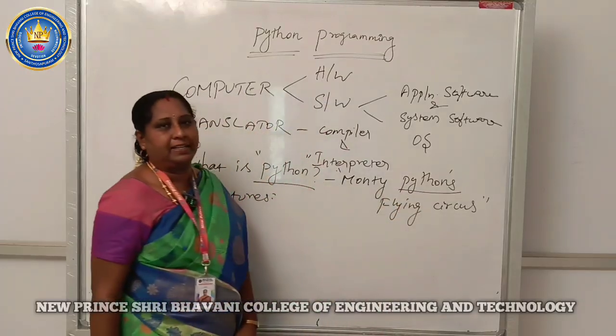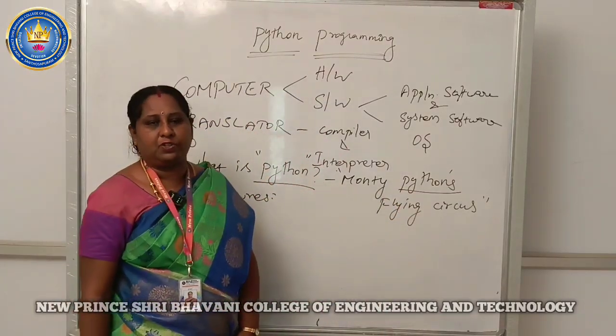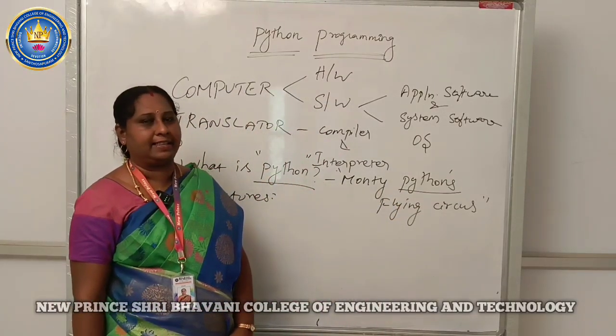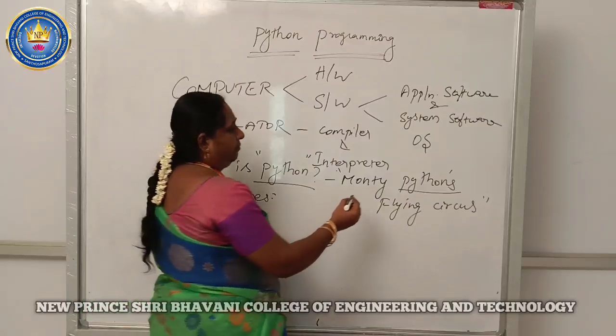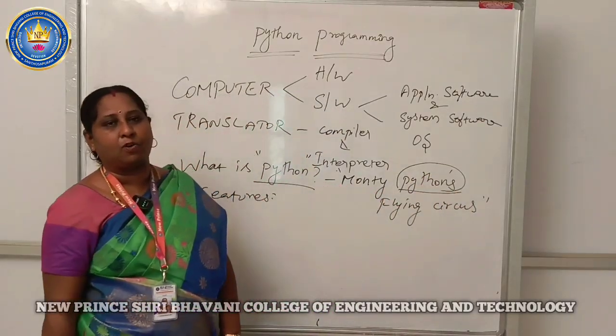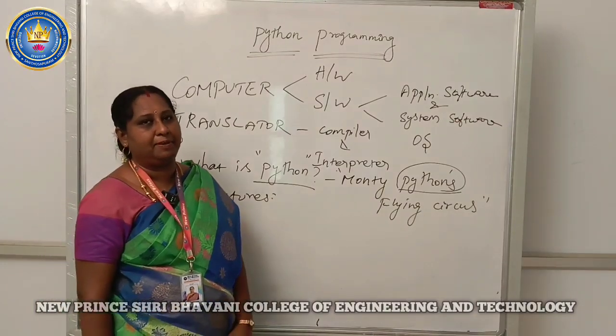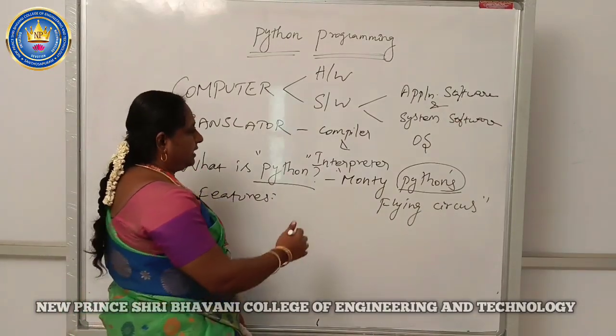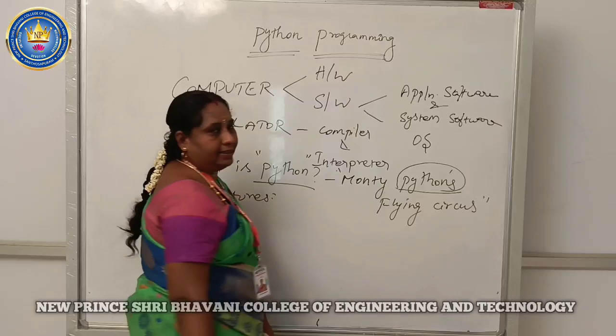The inventor of Python is Guido van Rossum, in the 1990s in the Netherlands. So he got the name Python from Monty Python's Flying Circus, a comedy series broadcasted by the BBC. So that is the interesting story behind the name Python.